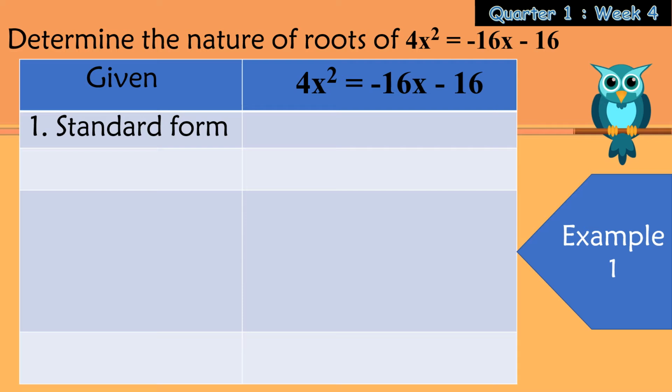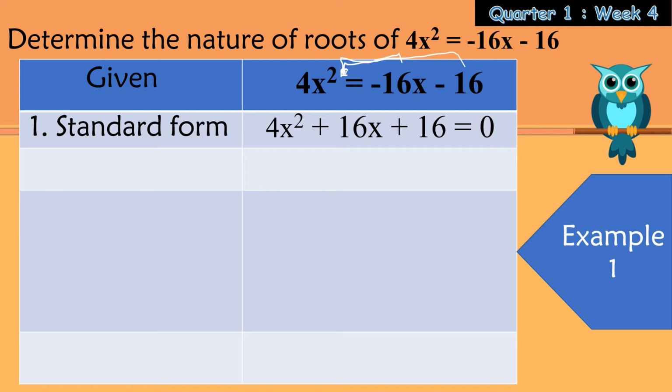And by writing the given quadratic equation into its standard form, we are to move the linear term, which is negative 16x, to the other side of our equation. Same with our constant term, which is negative 16. So the standard form of the given quadratic equation now will be 4x squared plus 16x plus 16 is equal to 0.